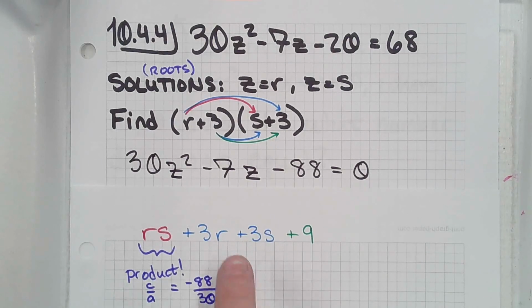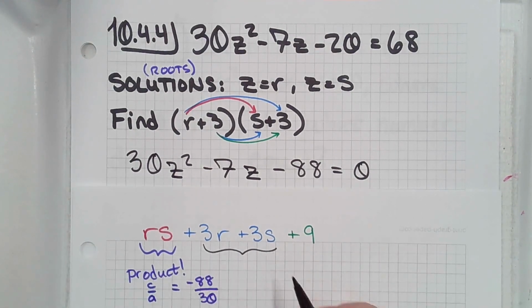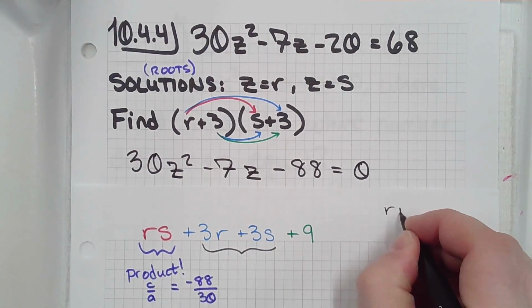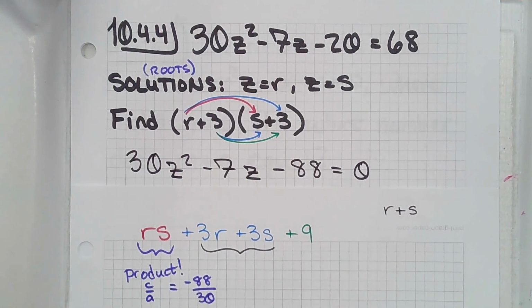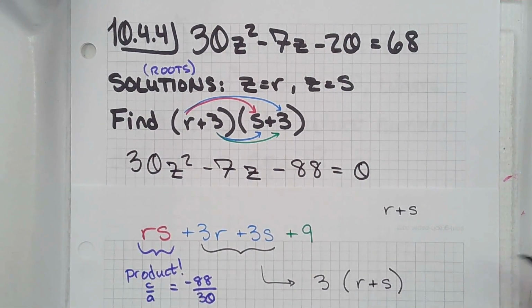Now, here, it's going to be hard to see this at first if you don't have really strong algebra skills. But I can turn that into the sum of our roots. And by the sum of our roots, I mean R plus S, right? That's the sum. Well, because they both share a factor of 3, I can rewrite this as 3 times the quantity of R plus S. So there's our sum of roots.